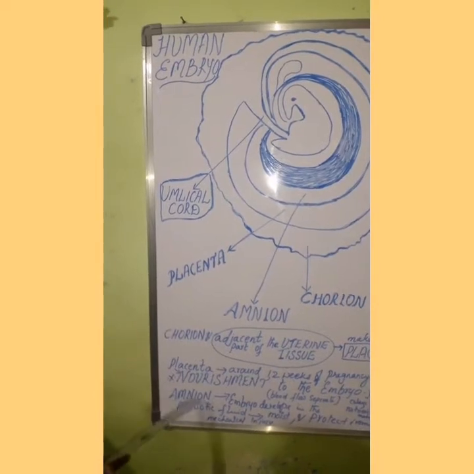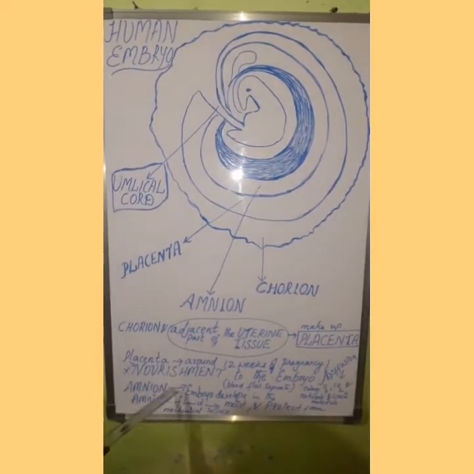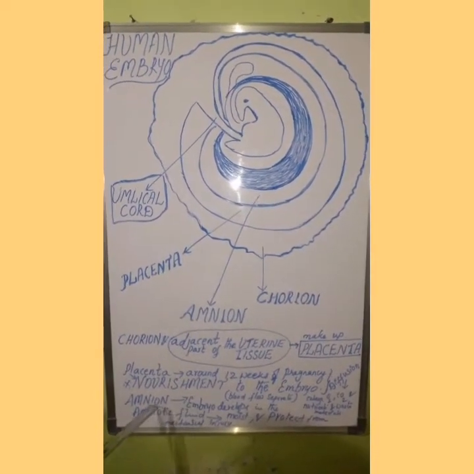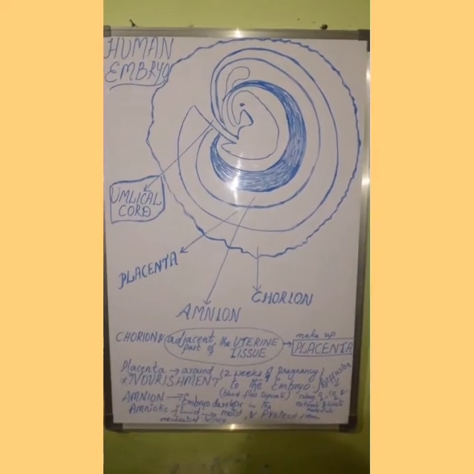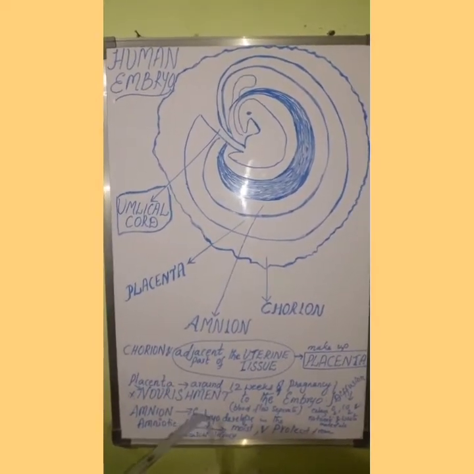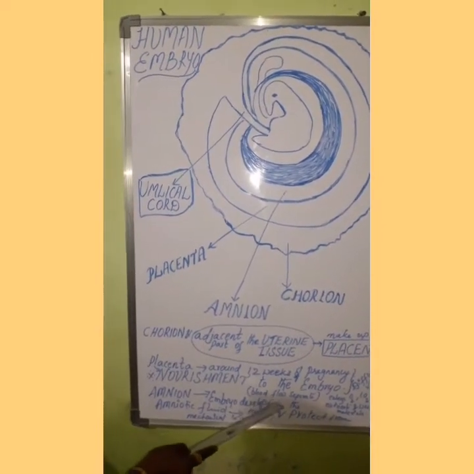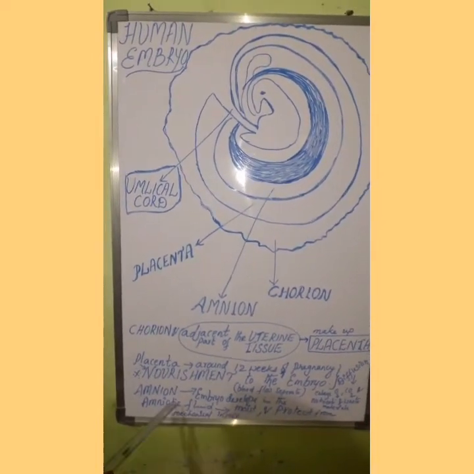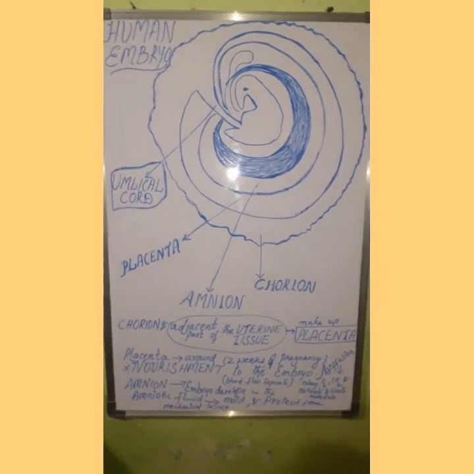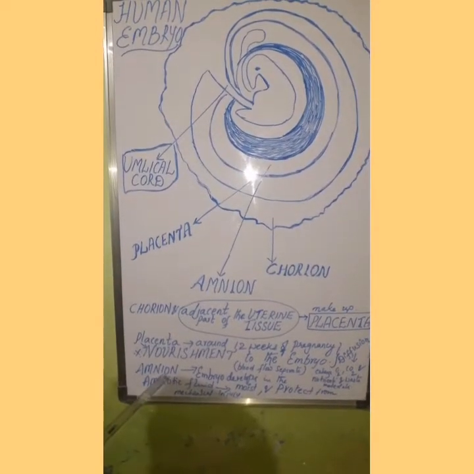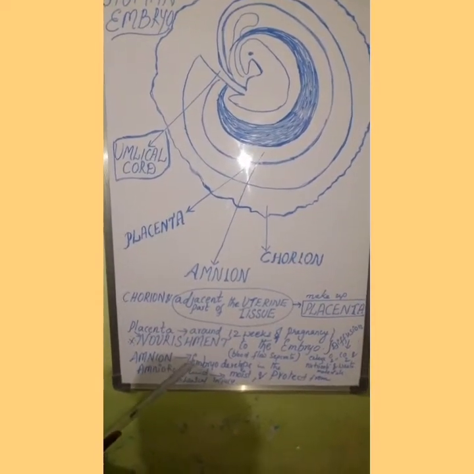Now let us see the next membranous structure, called the amnion. This amnion helps the embryo to develop inside the amniotic fluid. The amnion is a membranous structure.